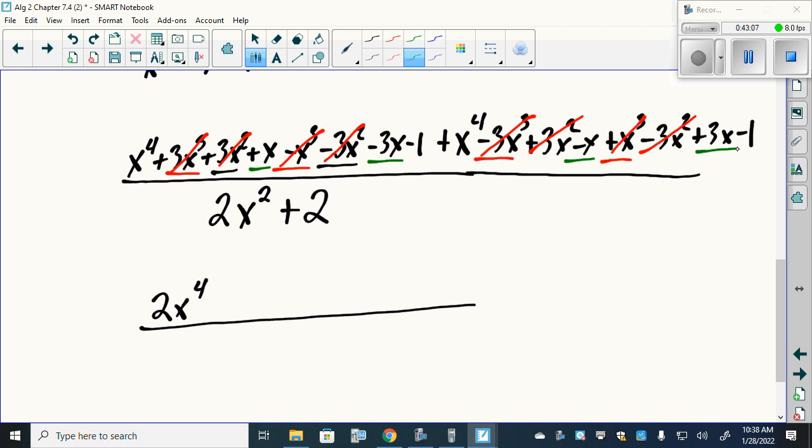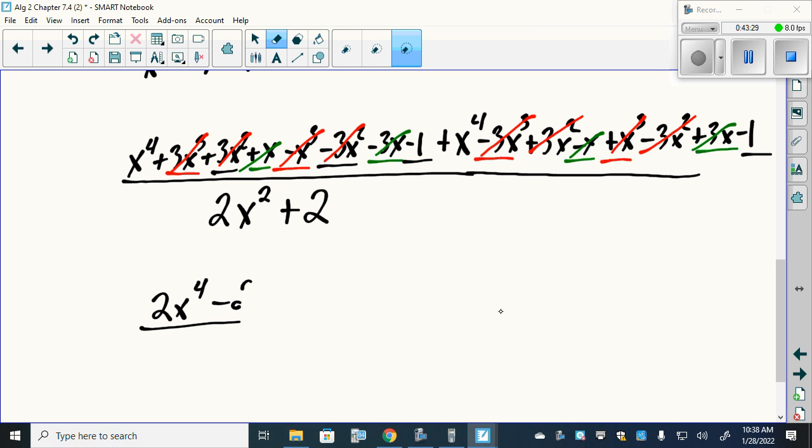Plus 3x is, well, these would cancel. And then we have negative 1 minus 1 is negative 2. So we had minus 2 over 2x squared plus 2.